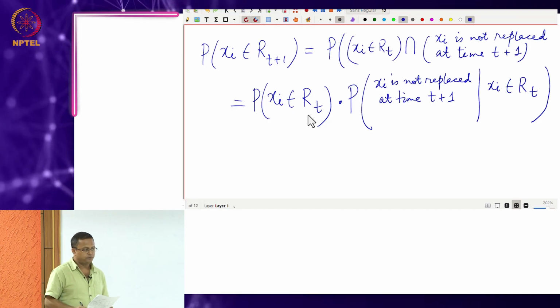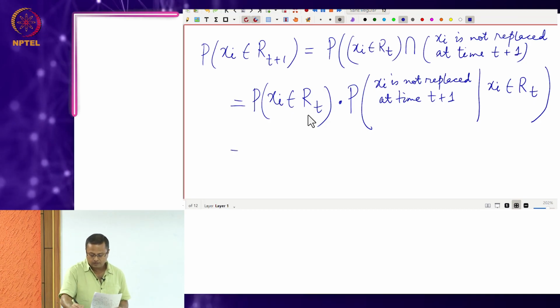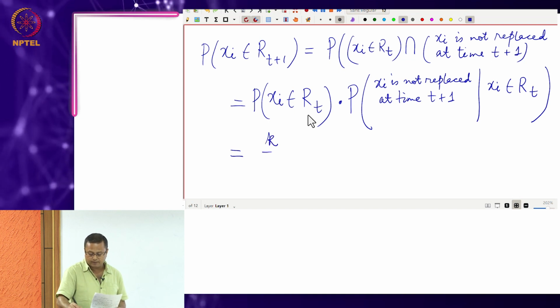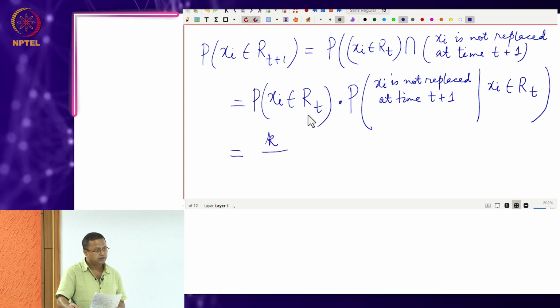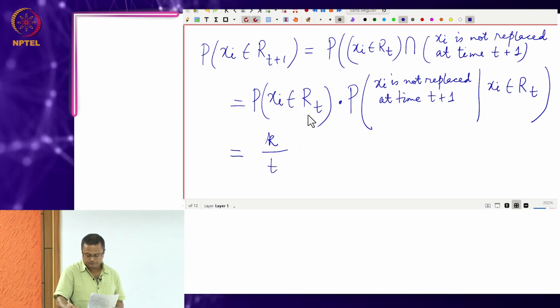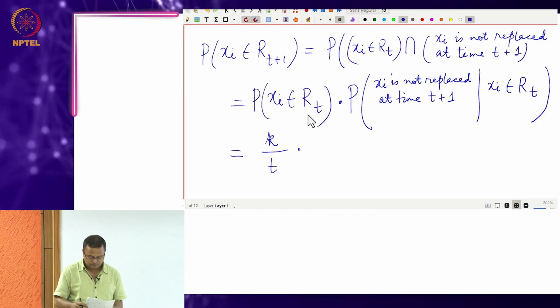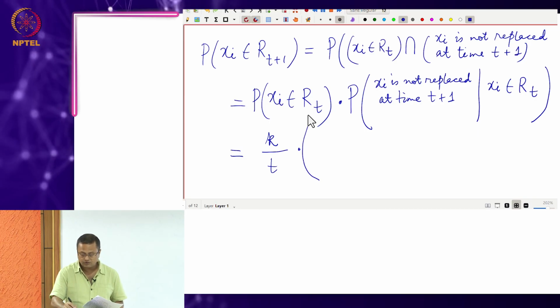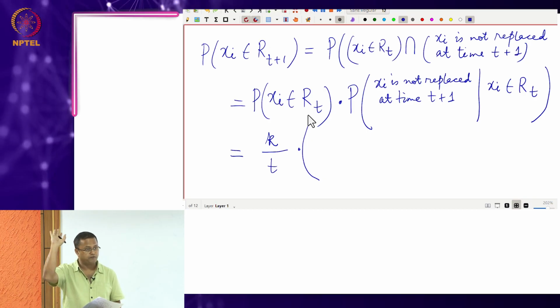This is just the chain rule. Now, my induction hypothesis tells me that this is k by t, into conditional probability, which is a probability that we have proved.